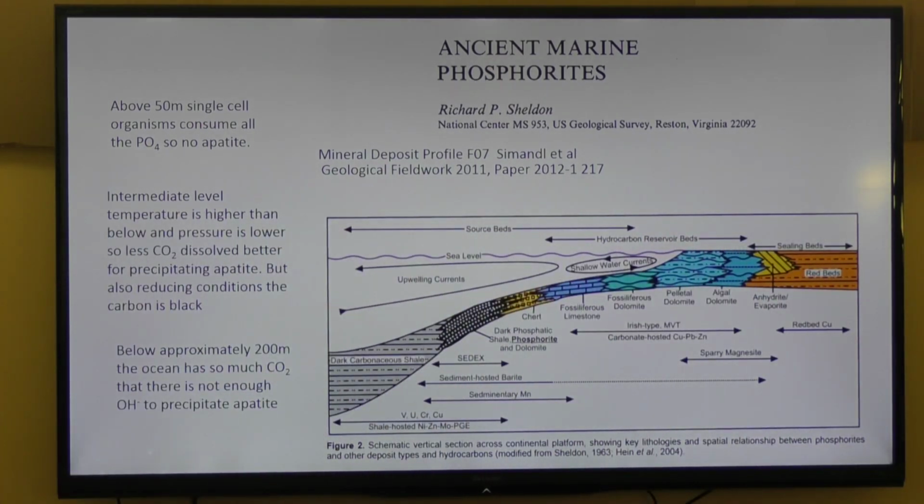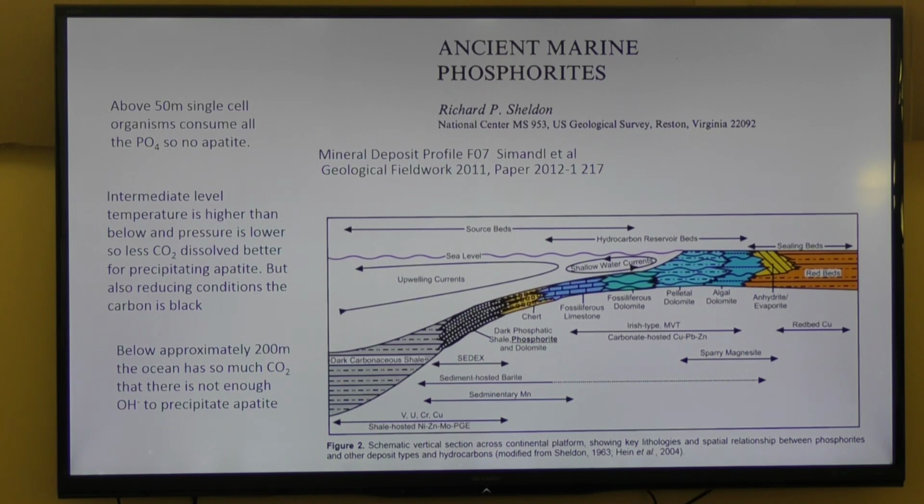And what he's saying is, in the present time, you can't get apatite at the surface because there are so many living things that consume all available phosphate. So you're not going to precipitate apatite. Below 200 meters, the ocean has more carbon dioxide dissolved in it.